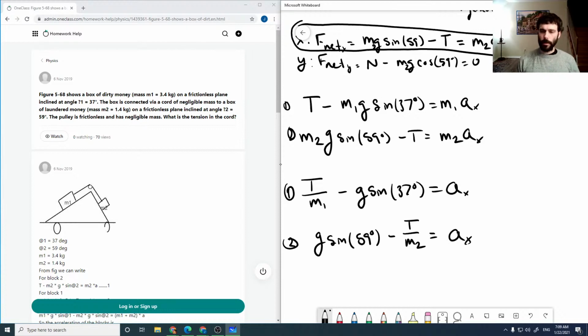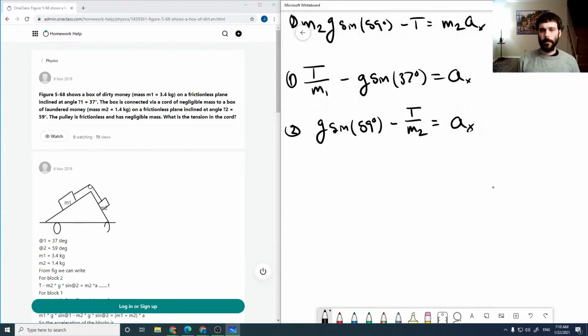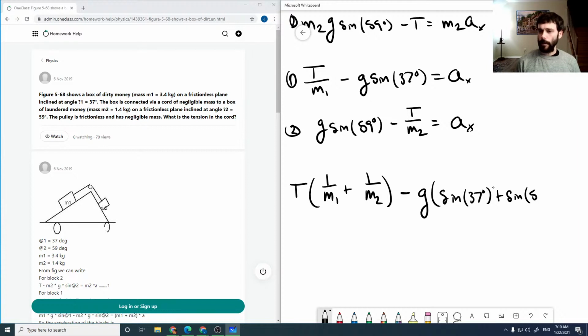So now we can subtract these two equations to get that T times 1 over m1 plus 1 over m2 minus g times sine 37 degrees plus sine of 59 degrees will equal 0, because ax minus ax will give us 0.